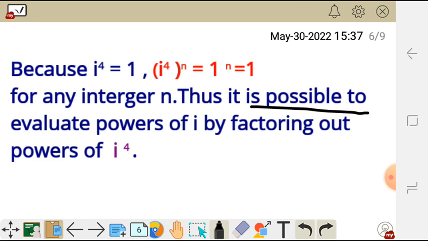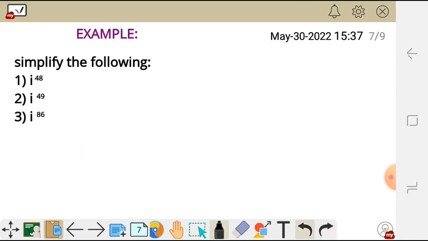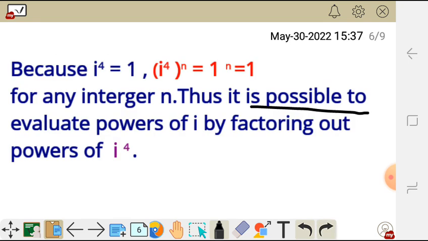So let's now simplify i raised to bigger numbers, like big integers. Simplify the following. We have i to the power 48. So we're going to use this same method.